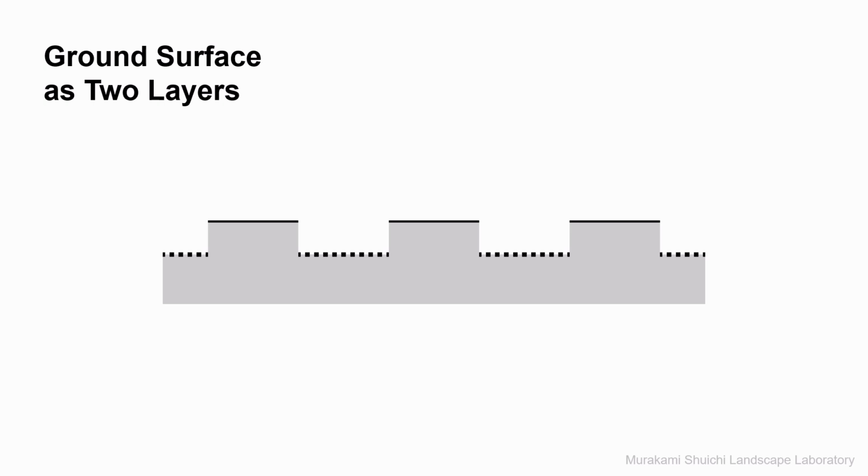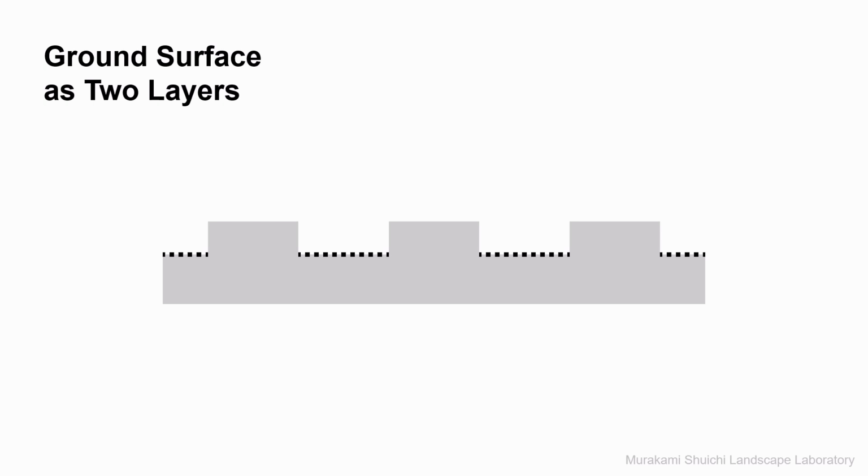What about this? The higher ground is drawn with solid lines, and the lower ground is drawn with dotted lines. What matters here is not that there is a slight difference in height. What matters is that the higher ground and the lower ground exist as separate surfaces.